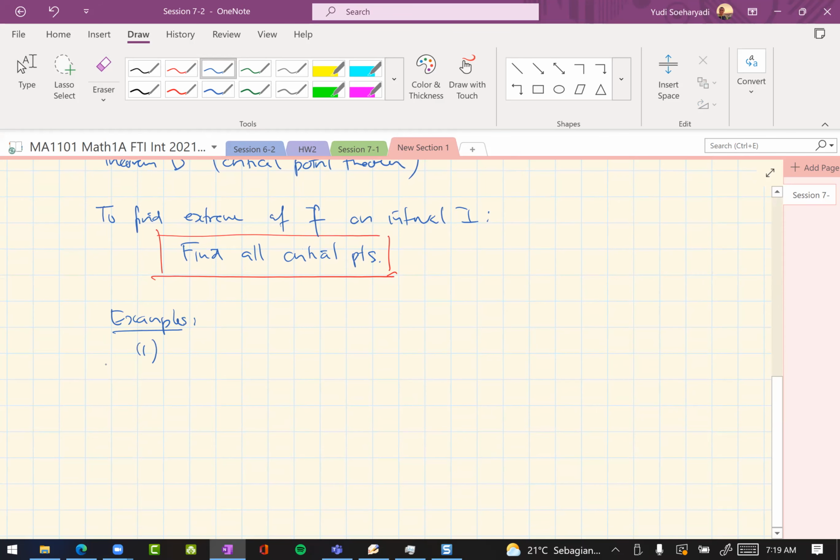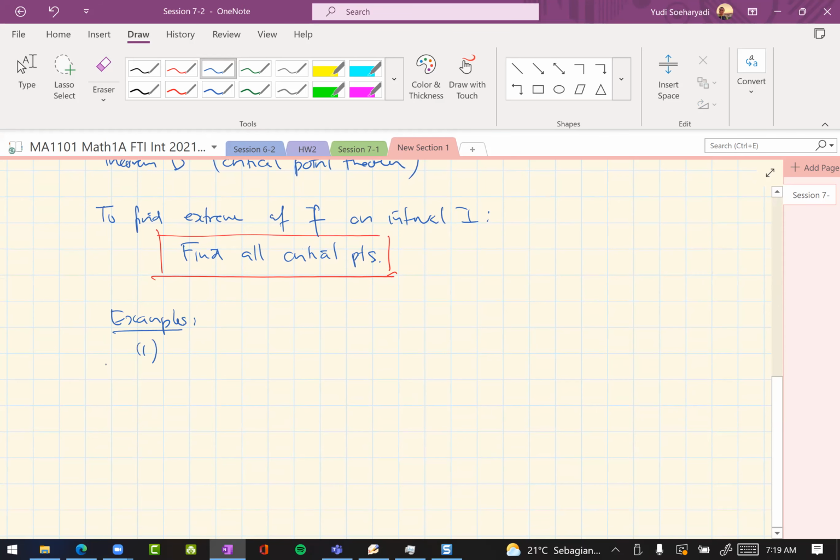The derivative exists at any x in the interval, sorry, the endpoint doesn't count, except for x equal 0.